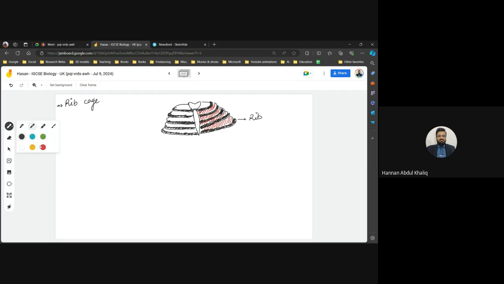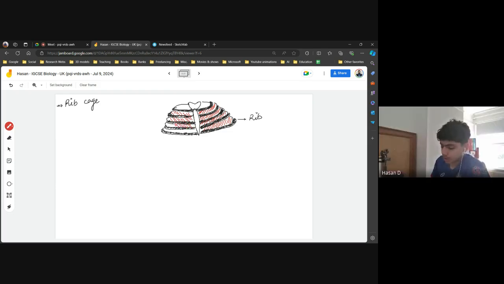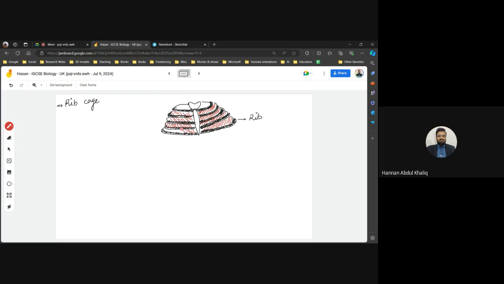Okay. Now, do you see any difference in the drawing of the muscle? What do you mean? Like, is there any difference in the direction of my drawing on this side and on this side?